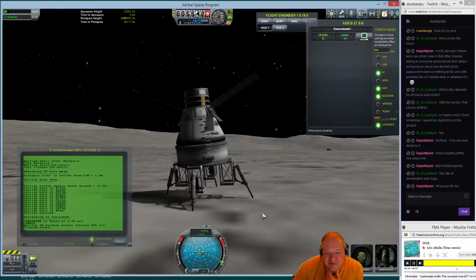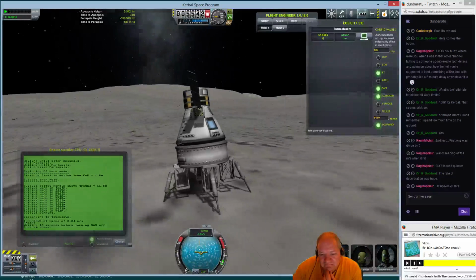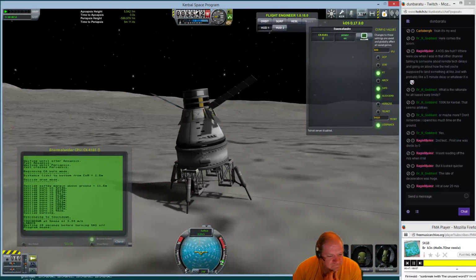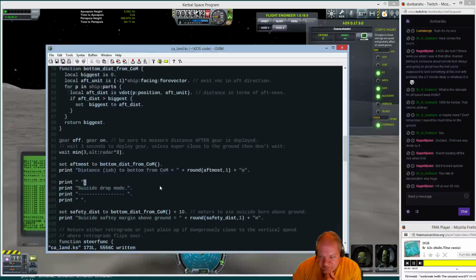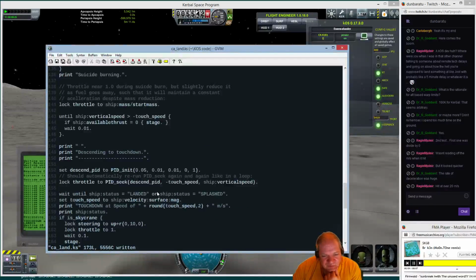I wonder why it's so far off. You're saying it hit at 20 meters a second. That's... okay. Why would that be?